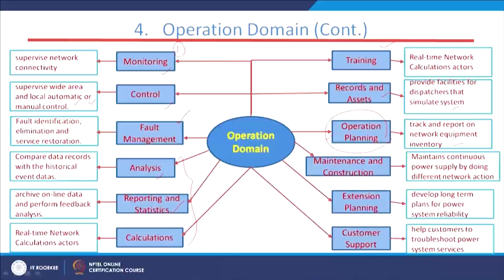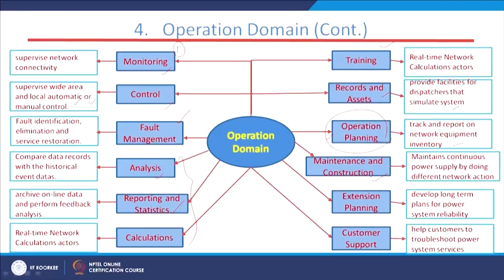I always say one sentence: our target is the smooth operation of the smart grid system. All these components are designed for that purpose. Now, three sections are left out: the maintenance, construction and extension planning, and customer support. I will discuss the last one.